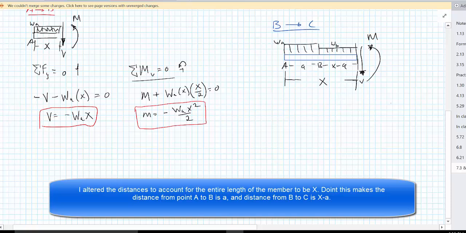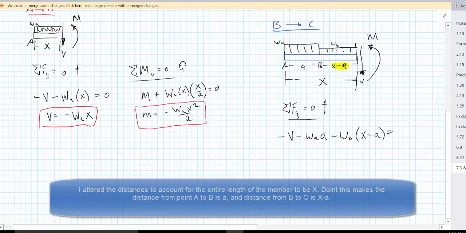So what we'll do now is we'll sum our forces in the Y, which will equal 0. So we get negative V minus our W_A multiplied to A, minus W sub B multiplied to X minus A, because that would be the distance there of this distributed load.